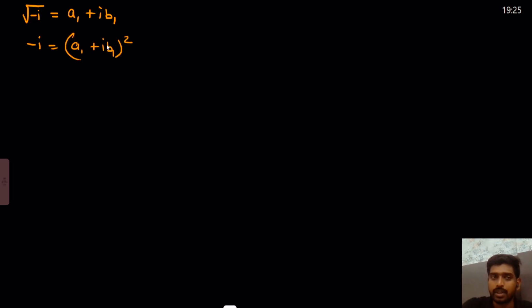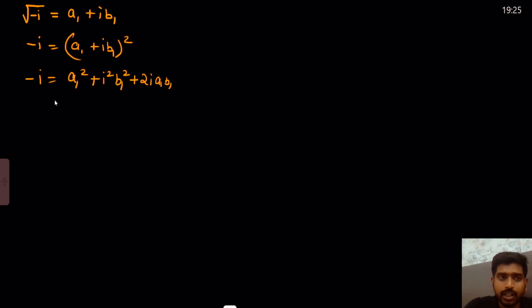This I'll assume as some complex number a1 plus iota b1. Now do squaring on both sides. Here I'll get minus iota equals a1 plus iota b1 whole square. Now expand this one. Minus iota is equal to, upon expanding, a1 square plus i square b1 square plus 2 iota a1 b1.